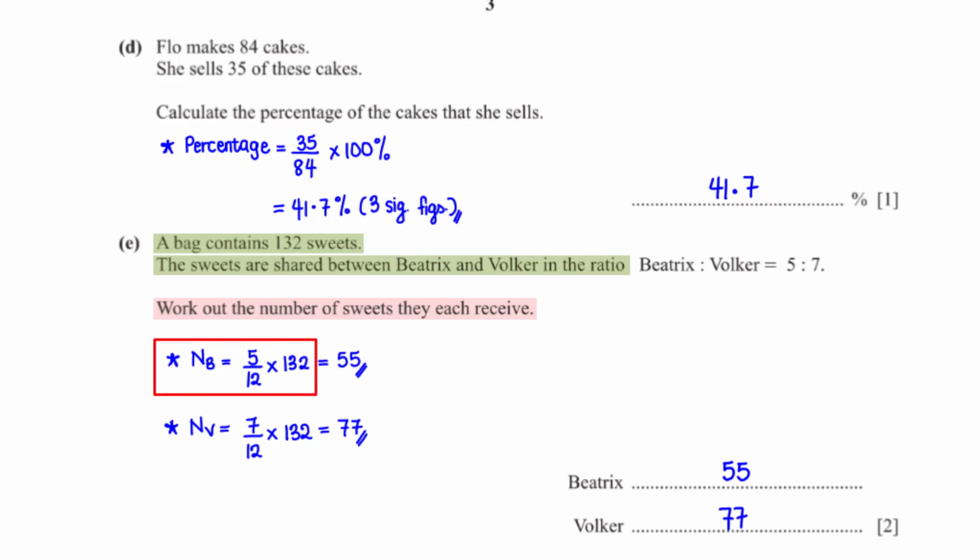The number of sweets Beatrix receives is equal to the ratio share for Beatrix, which is 5, divided by the total ratio of 5 plus 7, which is 12, times 132. This gives us 55. The number of sweets Volker receives is equal to the ratio share for Volker, which is 7, divided by 12, times 132. This gives us 77.